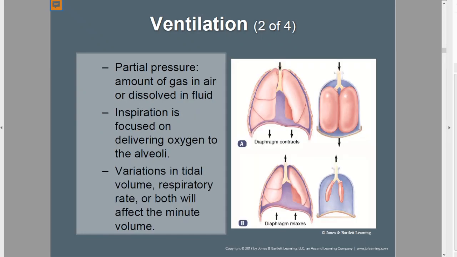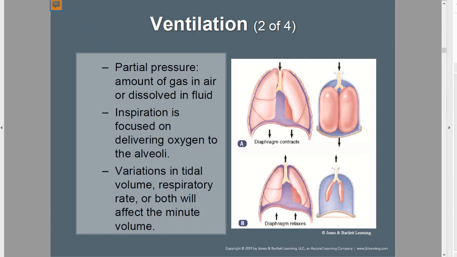So partial pressures and amount of gas, we'll talk about that. Partial pressure describes the amount of gas in the air or dissolved in fluid. So it describes the amount of gas. That's all it does, partial pressure.